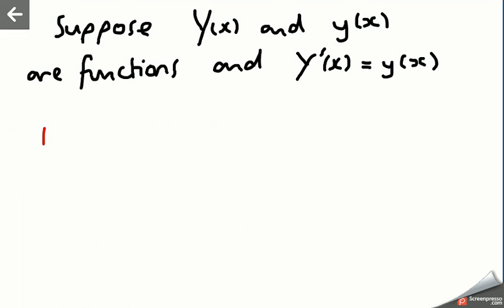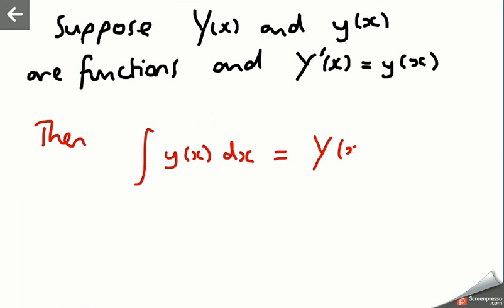Then the antiderivative of little y of x dx, meaning with respect to x, by the way, is equal to big Y of x plus c, where big Y of x is any function that differentiates to give little y of x.